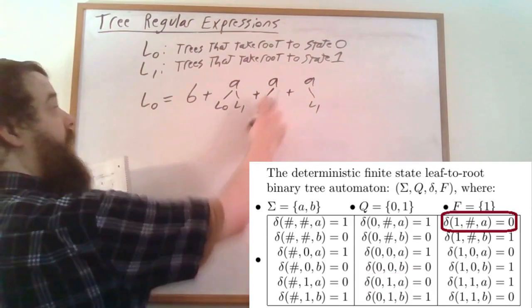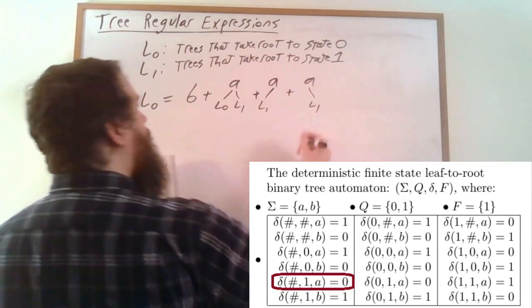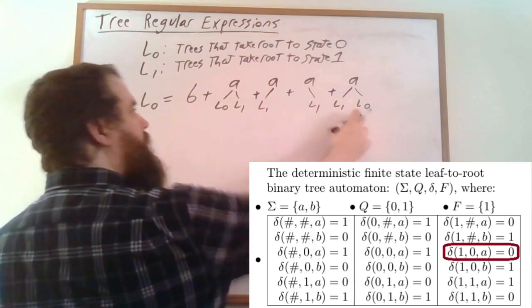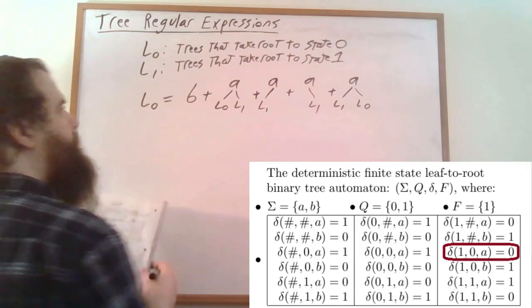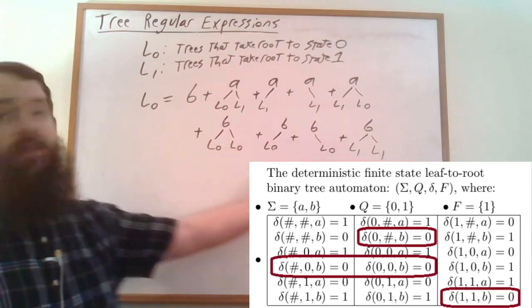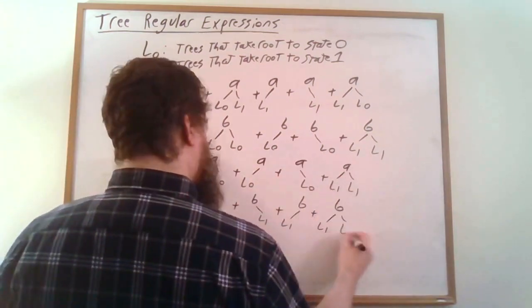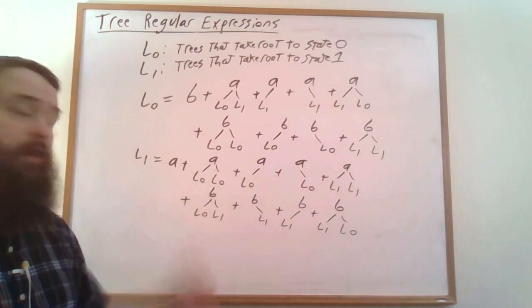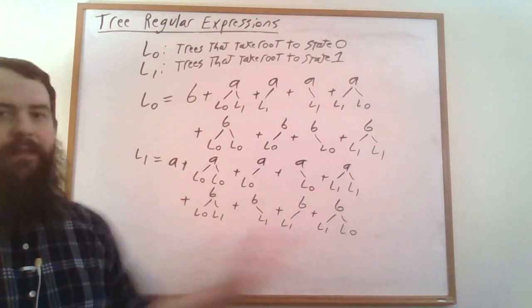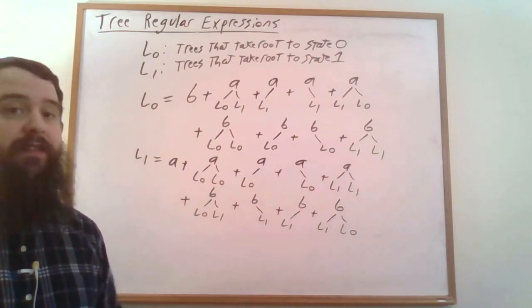Or A with a left child in L1, or A with just a right child in L1, or A with a left child in L1 and a right child in L0, or any one of these four possibilities. And we can similarly write a recursive equation for L1 that winds up looking like this. And every one of these terms corresponds to an entry in the transition table.